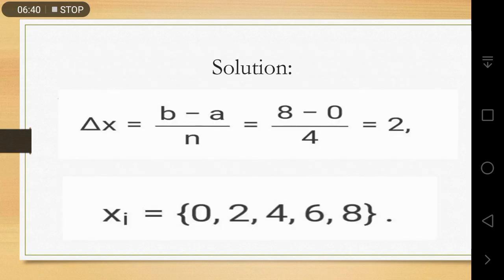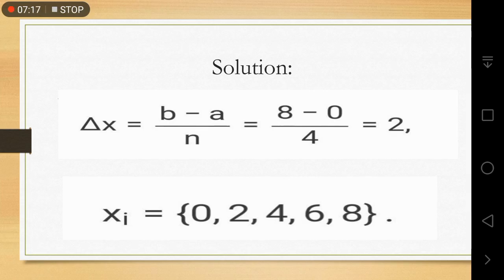The solution: it is easy to see that the width of each subinterval is delta x equals b minus a over n, which equals 8 minus 0 over 4. So 8 divided by 4 equals 2. So we got 2.